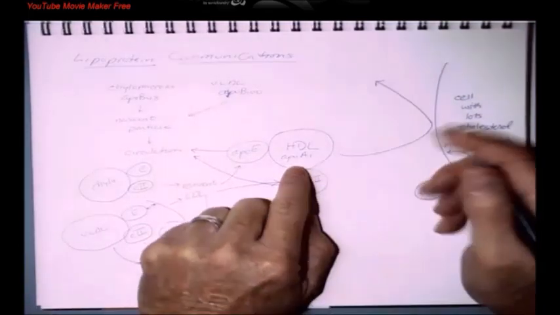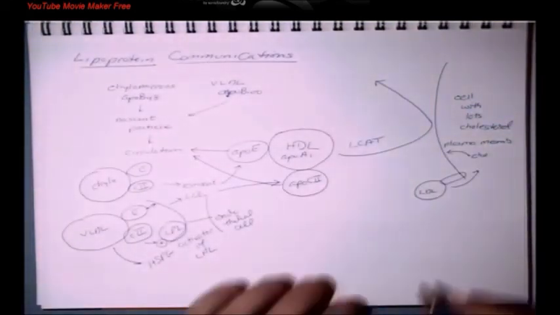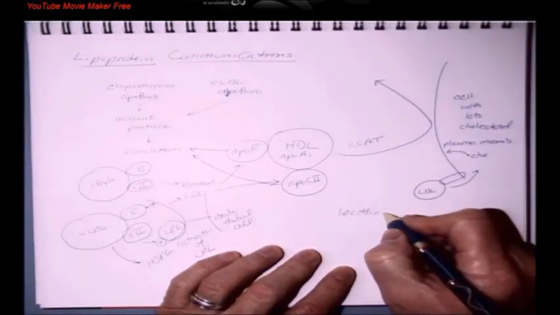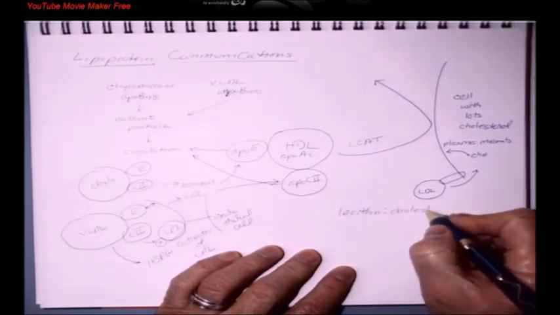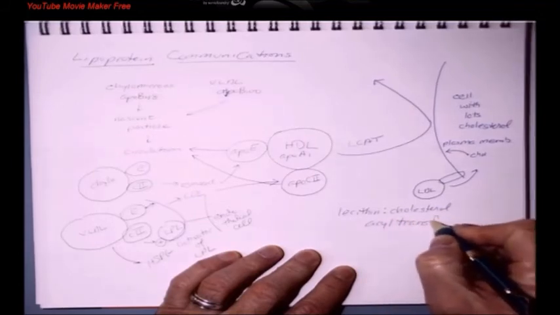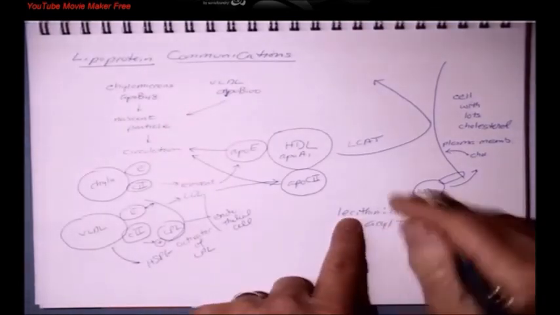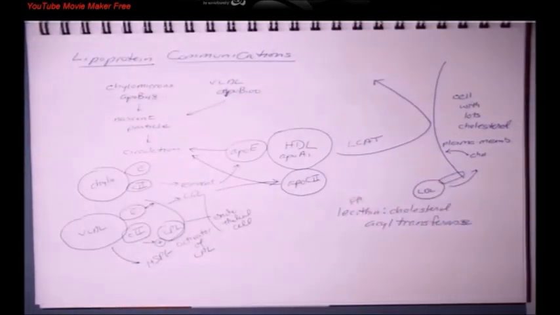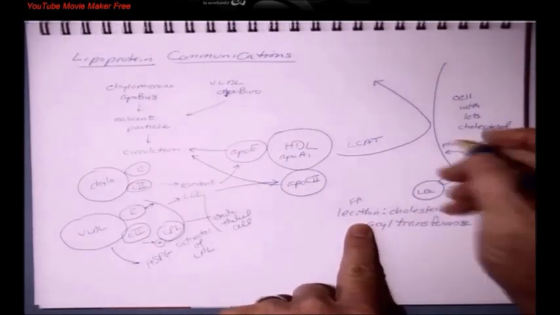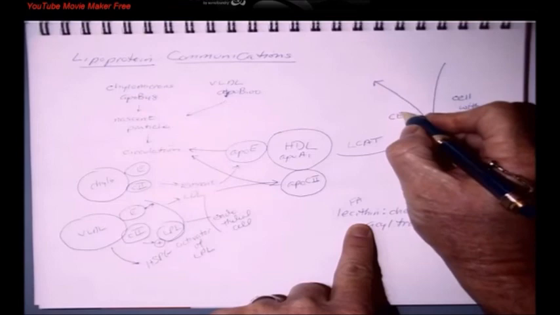So HDL has an enzyme, of course. It's called LCAT. And LCAT stands for lecithin cholesterol acyl transferase. Lecithin is a fatty acid. And so what this enzyme does is it takes the cholesterol out of the cell and converts it into a cholesterol ester.